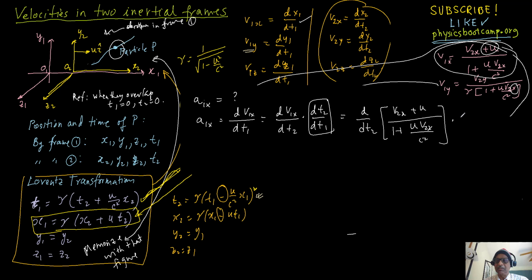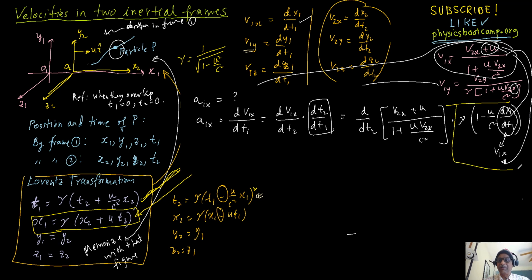With t2 I do this gamma, t1 gives me 1, but this one is u over c squared dx1 over dt1. So that's just the velocity in frame 1, v1x. So we can just insert that over there, and so this whole thing will also be in frame 2, and this will also be in 2.